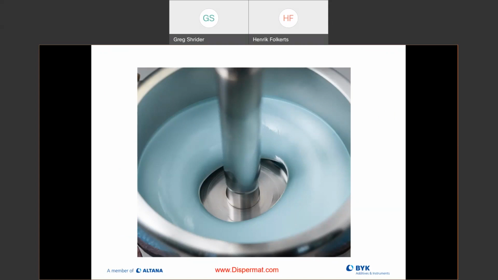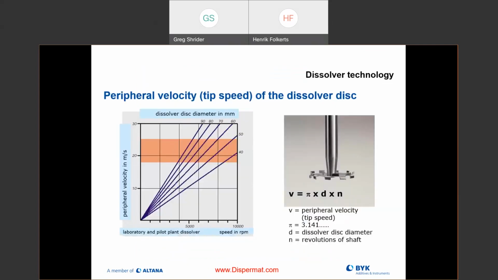On the other side, if the material is too viscous, then it can also be a flow issue and it's difficult to get a proper donut. But with most coatings or pigment dispersions, you should be able to get that donut if you have the right blade diameter and the appropriate tip speed that we talked about, 18 to 25 meters per second.